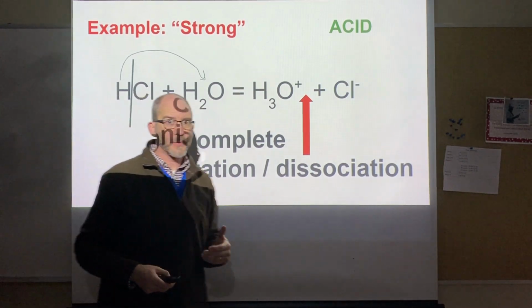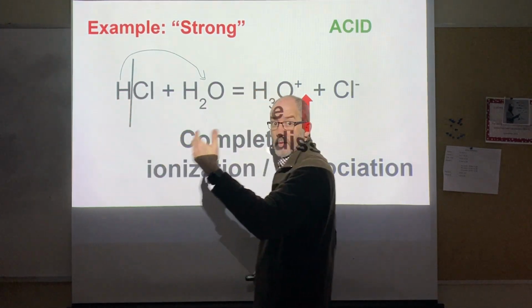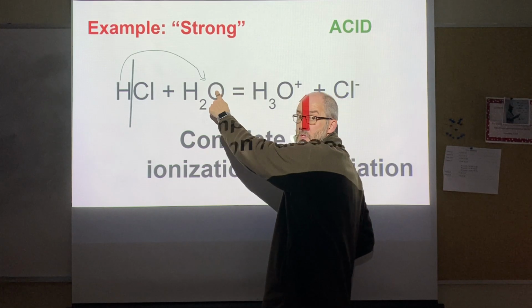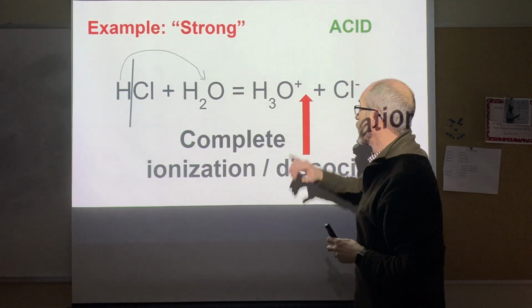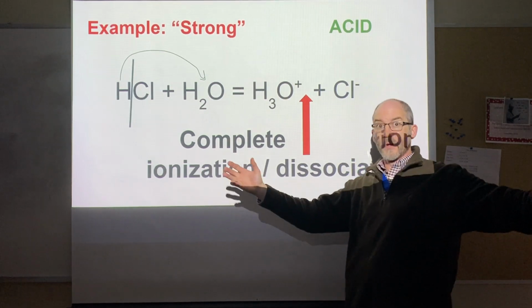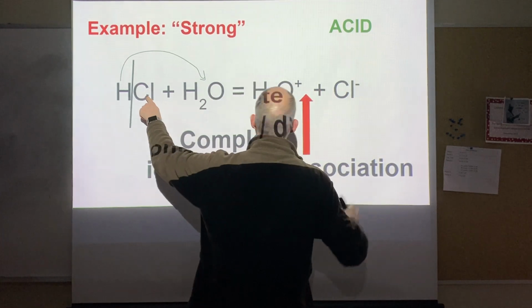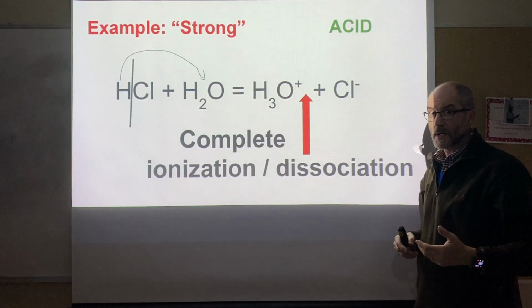Well, you know what happens because you understand acids and bases. This creates an H+ proton that's going to be attracted to the lone pair of electrons on this oxygen of the water molecule. That's going to make the hydronium, and you already know this. That's what makes it an acid. You're also going to create the negative chloride ion.